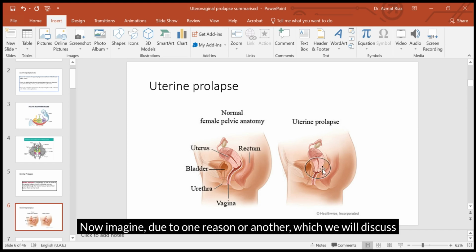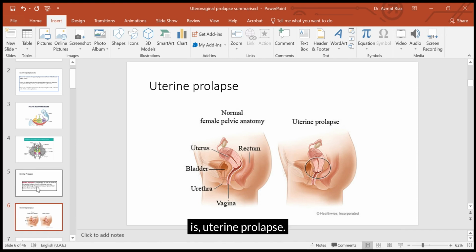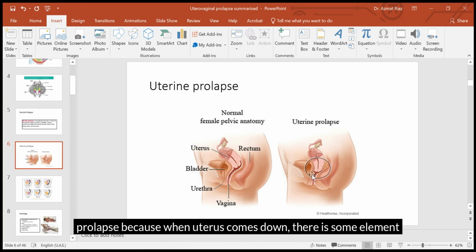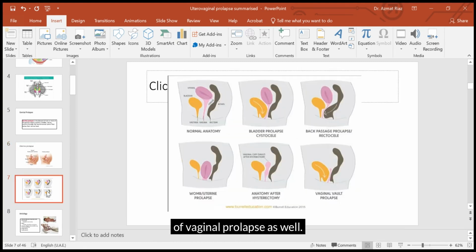Now imagine, due to one reason or another, which we will discuss later, this uterus descends below what is expected. From its normal position, it comes down, then it is uterine prolapse. Usually we call it uterovaginal prolapse, because when the uterus comes down, there is some element of vaginal prolapse as well.